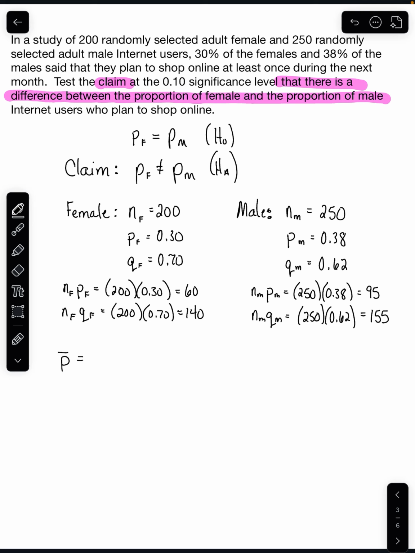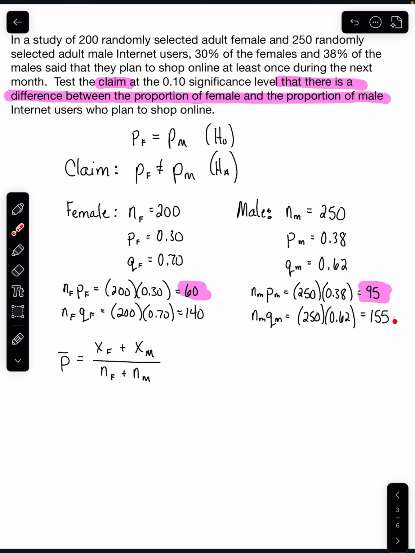P bar is the number of successes from one sample plus the number of successes from the other sample over the sum of the two sample sizes. We actually already calculated the number of successes in each sample when we did n times p. Actually, if you notice, the two values that we calculated for each sample add up to the sample size.